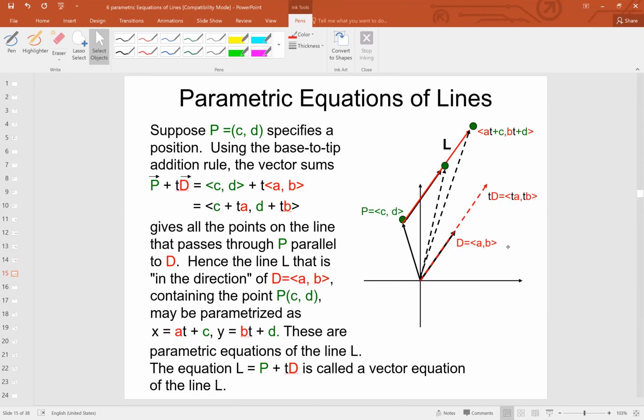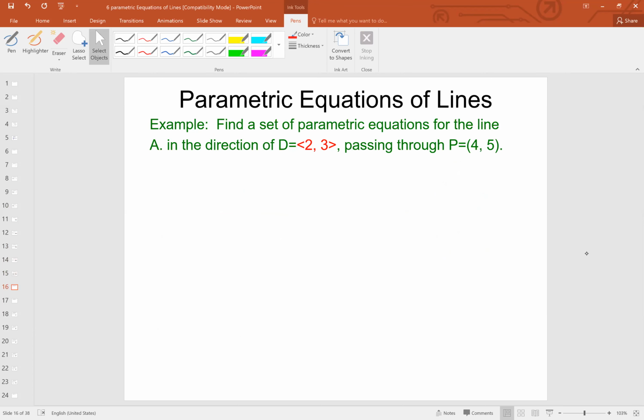If I write the line in this form, that is what we call the vector form of the line L, or the vector equation. This whole thing generalizes into three-dimensional space. Here are some examples.